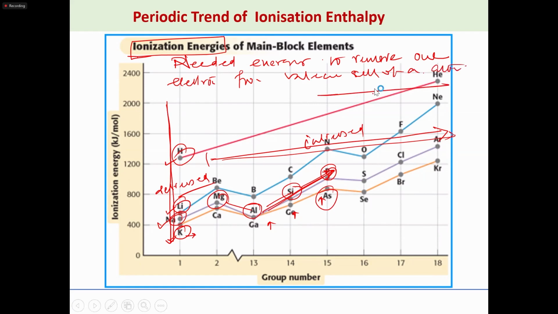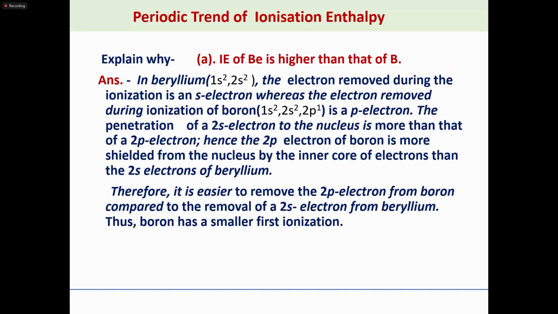So this amount of energy is needed to remove this one electron. This is the ionization energy, and we can also say this is the ionization enthalpy.